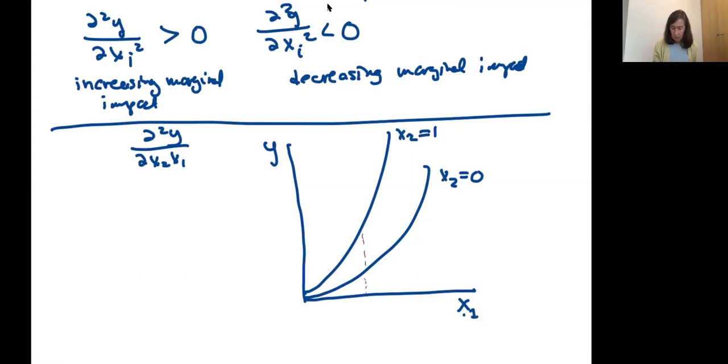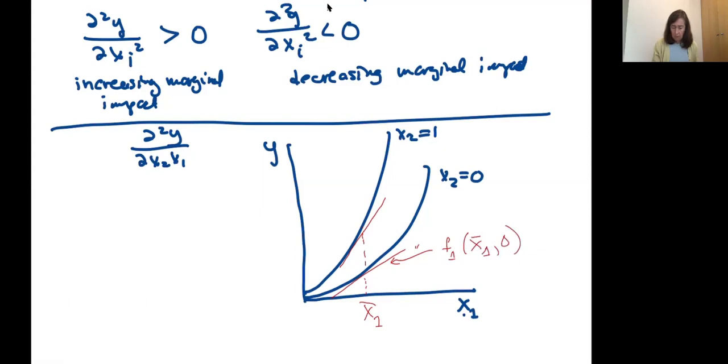Let's pick, as we did before, some specific value of x1, call it x1 bar. And what we see is the slope. This is the f1 at x1 bar, x2 equals 0.